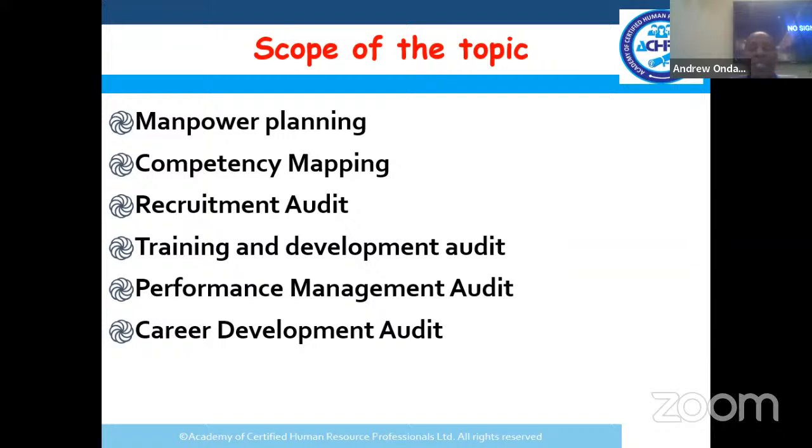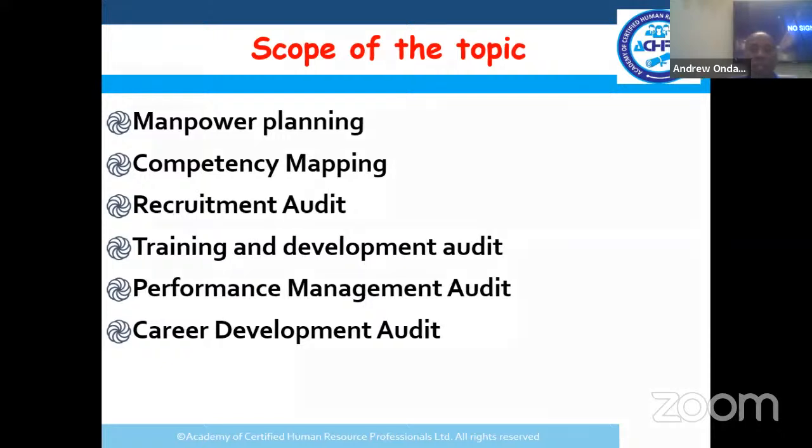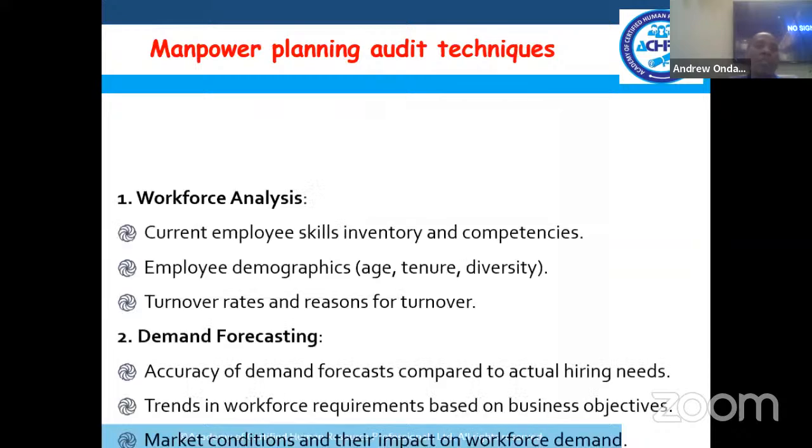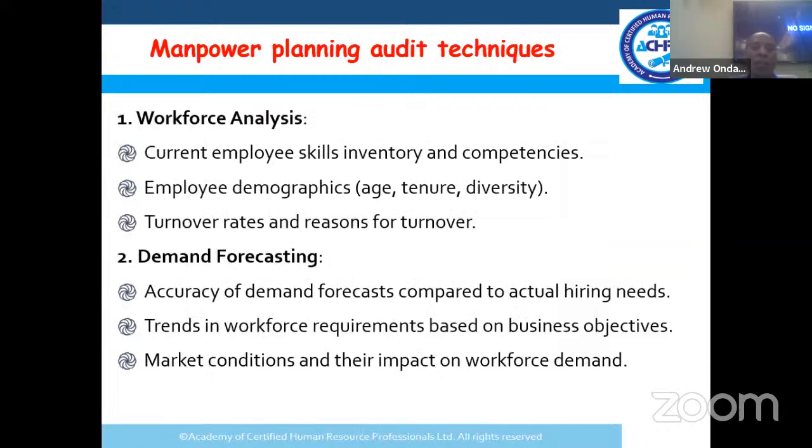So having said that, I want us to go to the specifics regarding all the 6 key systems that I have just described. The first one is manpower planning audit techniques.